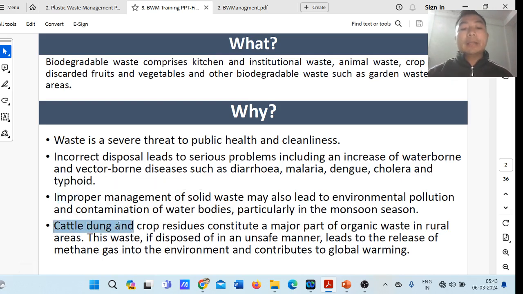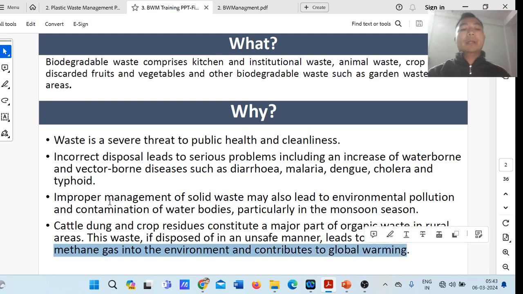Cattle dung and crop residue constitute the major parts of the organic waste. Organic waste means the kitchen waste which can be broken down, and in rural areas, this waste, if disposed of in an unsafe manner, may release methane gas into the environment and contribute to global warming.